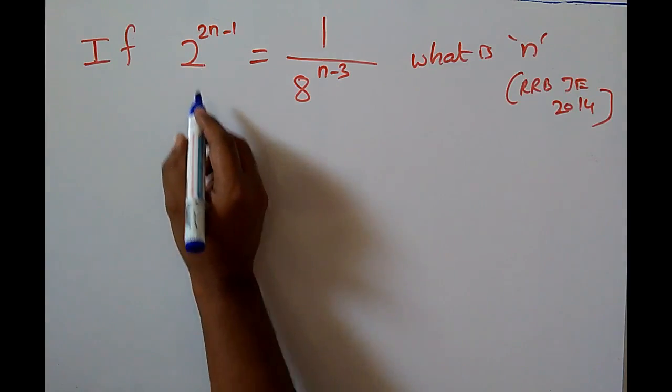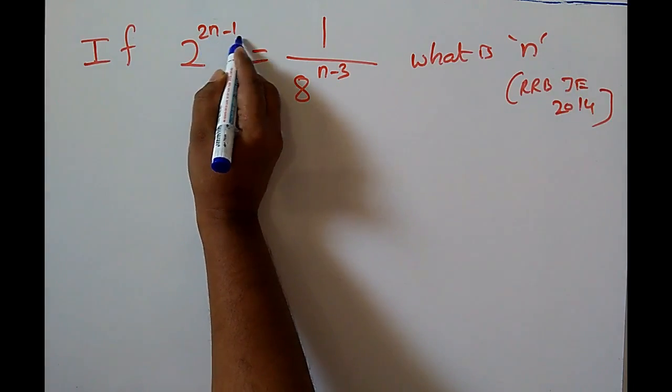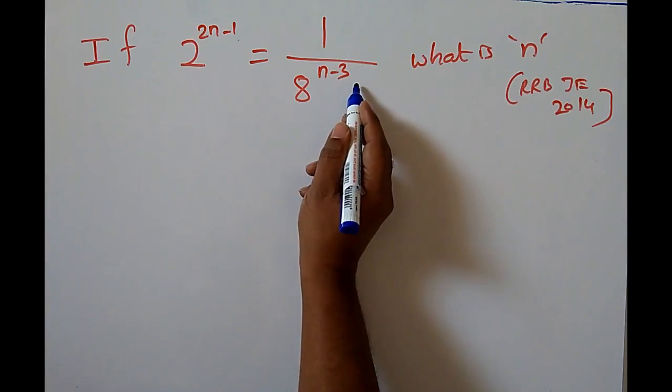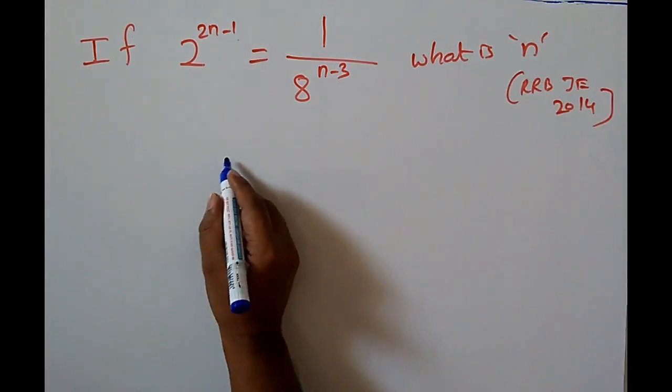Here 2 power 2n minus 1 is equal to 1 by 8 power n minus 3. We have to find the value of n.